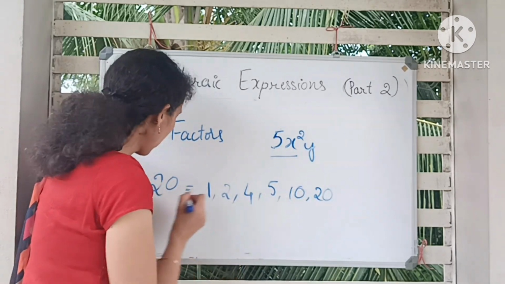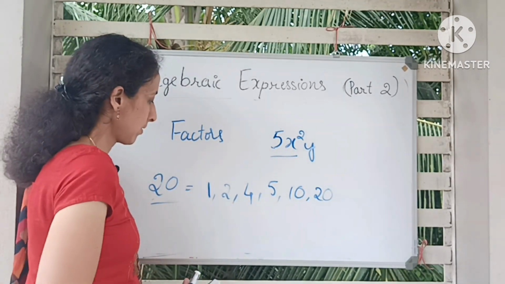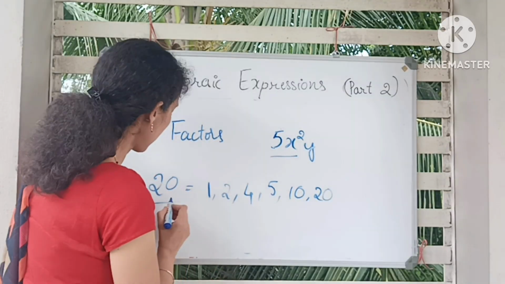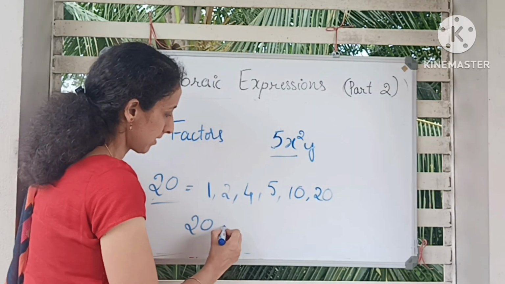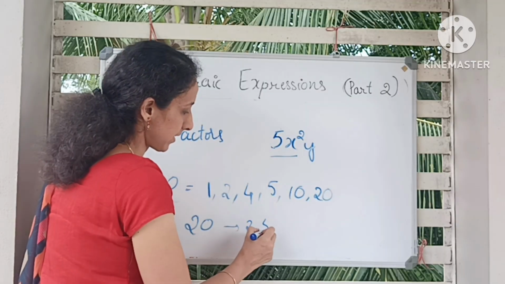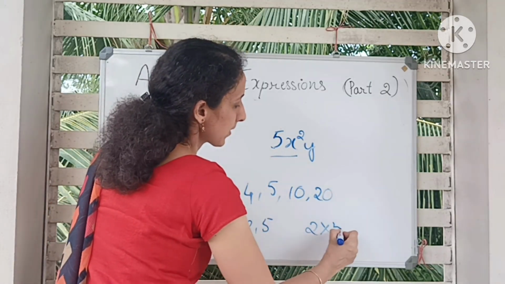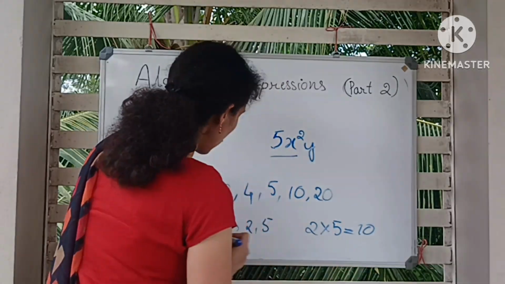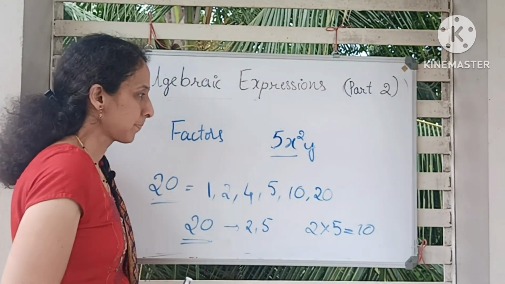A factor fully divides the given number. Looking at this, we can say that 20 has factors 2 and 5, which also means that 2 into 5 equal to 10 also is a factor of 20.